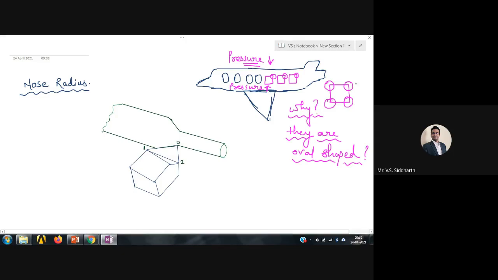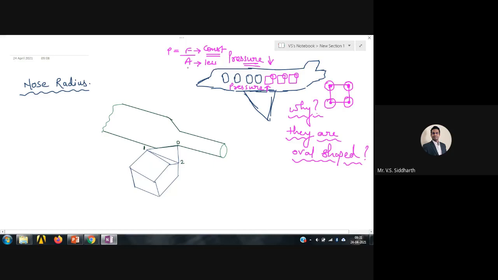So whenever you have sharp corners, pressure is equal to what? Force upon area. At these sharp corners, at this particular point, we have a very small area. The force is constant, but the area is changing. Since we have sharp corners, the area is very, very less.